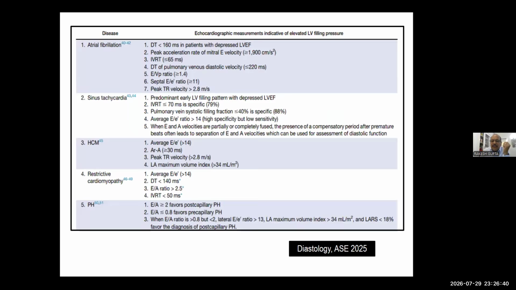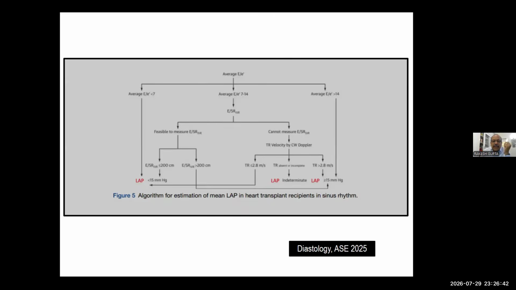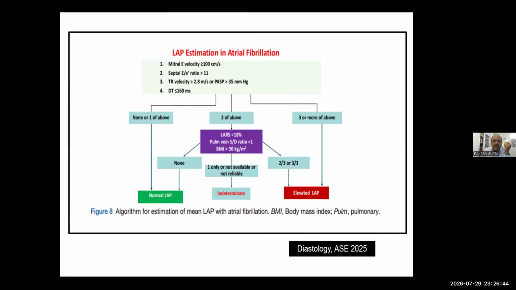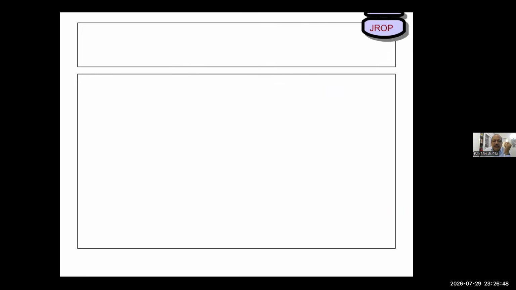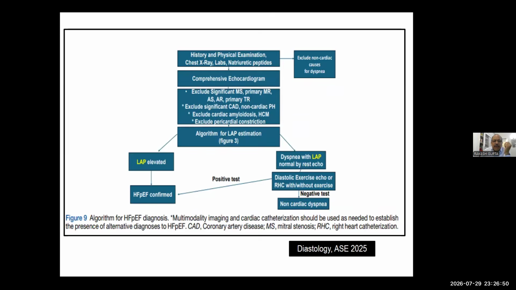But the problem with this patient is, this patient has got a normal LV systolic function. Once the patient has got a normal LV systolic function, we start looking at something more. We start looking for heart failure with preserved ejection fraction. So we look at these things for diabetic hypertensives, and then we look for elevated LA pressure.